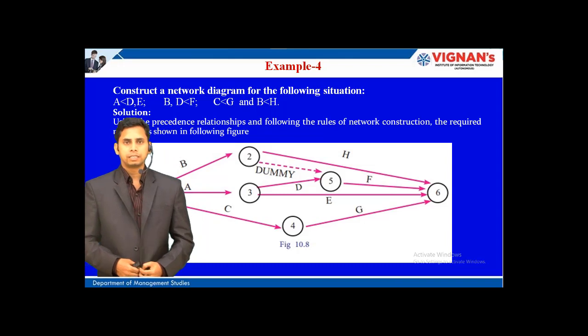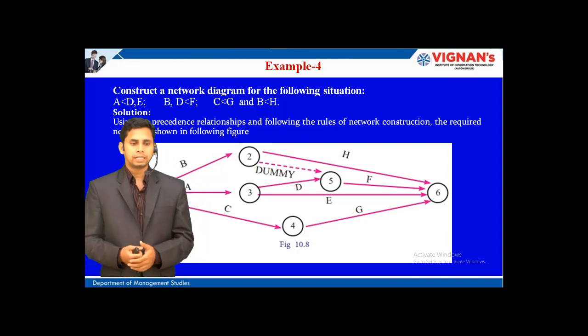Also you can consider another example, where the data is given in this way for drawing the network diagram. A < D, E; B, D < F; C < G; and B < H. This indicates that A < D, in the sense that A is the predecessor for D. That's the meaning of it.